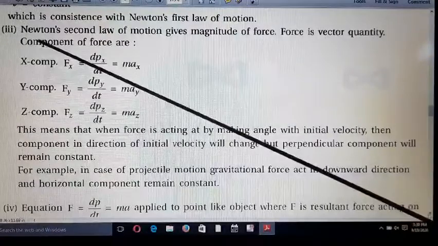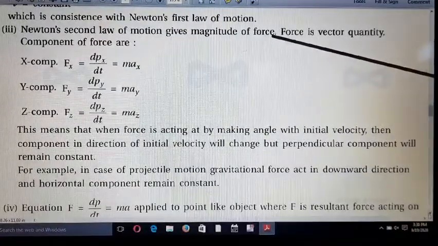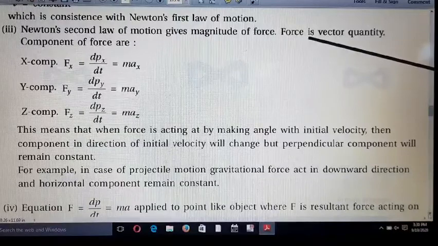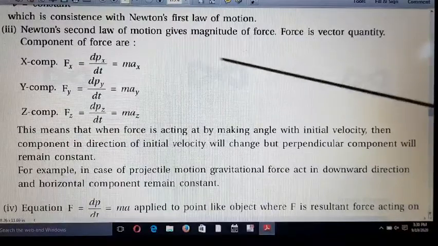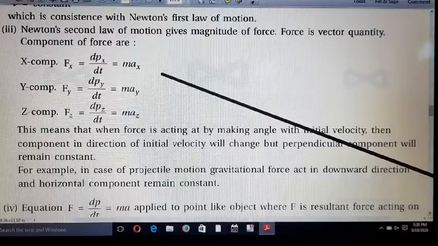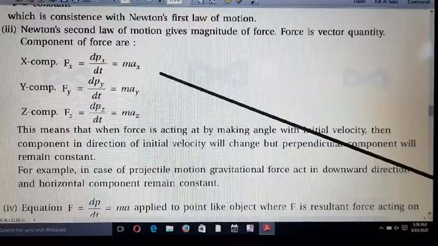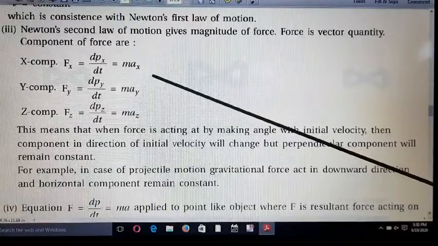Third point, Newton's second law of motion gives the magnitude of force. Force is a vector quantity. Suppose now we have three main components of the force: x component, y component and z component.